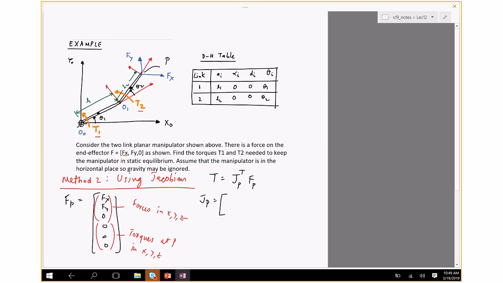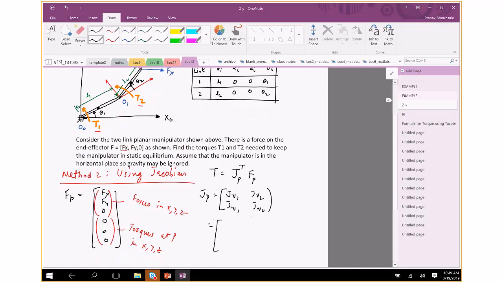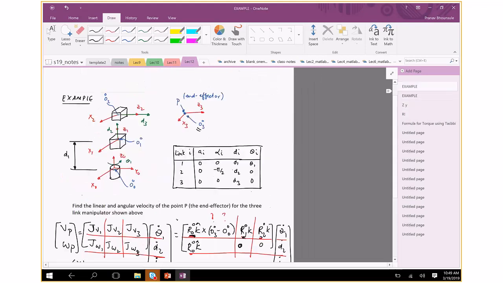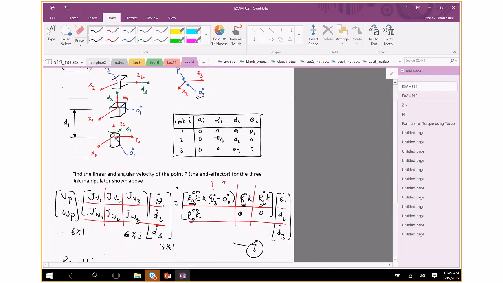We can do it again if you want. The Jacobian of the end effector would be JV1, JV2, J omega 1, J omega 2. Since both are revolute joints, you go back to the formula right here.